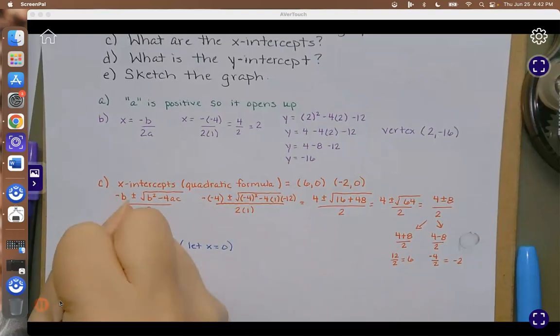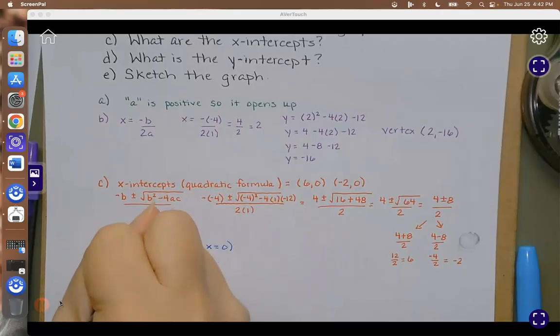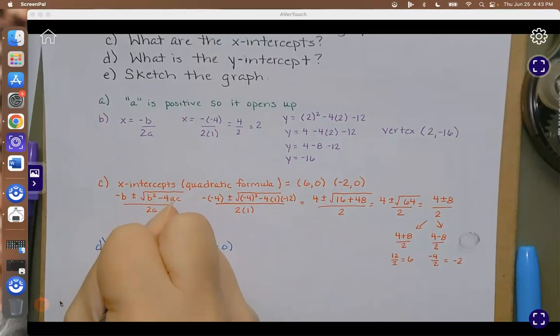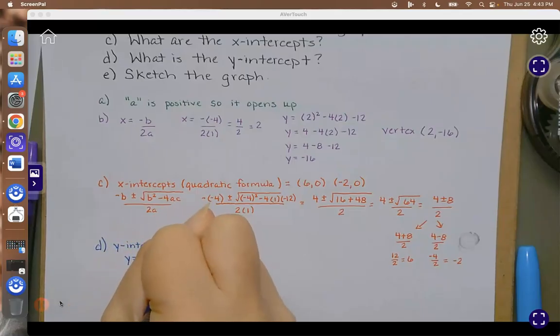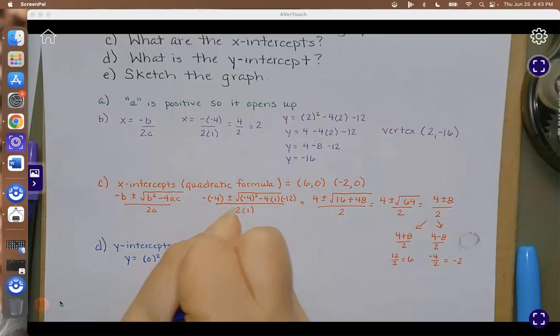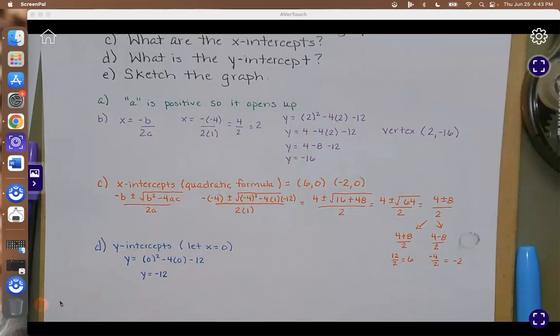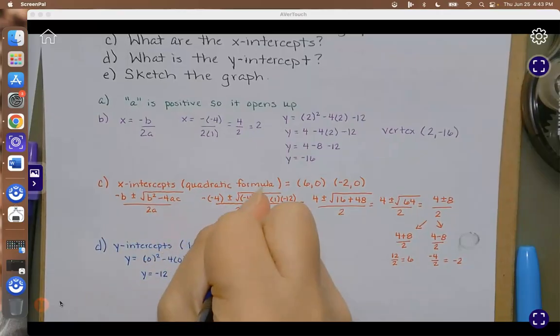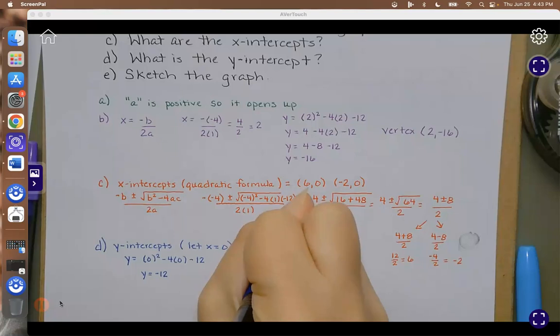So we have y equals 0 squared minus 4 times 0 minus 12. So that's y equals -12. So our y-intercepts is simply 0, -12.